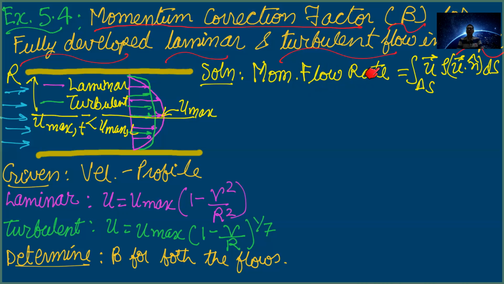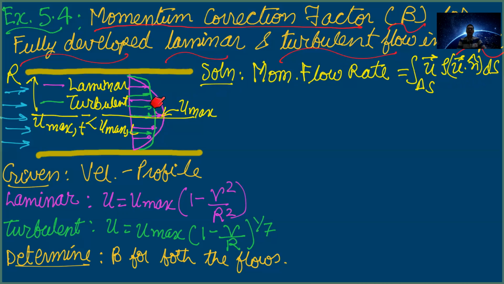In the Reynolds transport theorem, the momentum flow rate is the integral of small v rho u dot n dS. Small v is an intensive property: momentum is mass times the u vector, and if you divide by mass, you get the u vector. So the momentum flow rate in integral form is a surface integral.